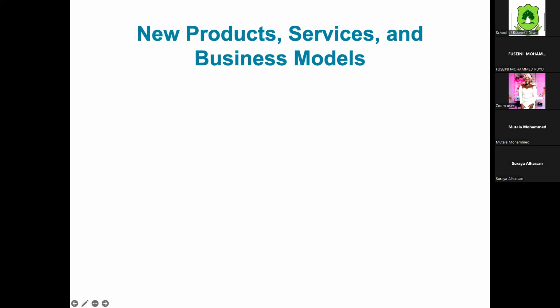We may also hire people to join us so that we'll be able to roll out new products, new services, and then new business models. When MTN started, they were not doing mobile money. Suddenly, mobile money came. They didn't start the mobile money service with the quick loan, but they realized that they can go into the microfinance sector as well. Are you getting it? Continuously leveraging on technology to bring on board new products.